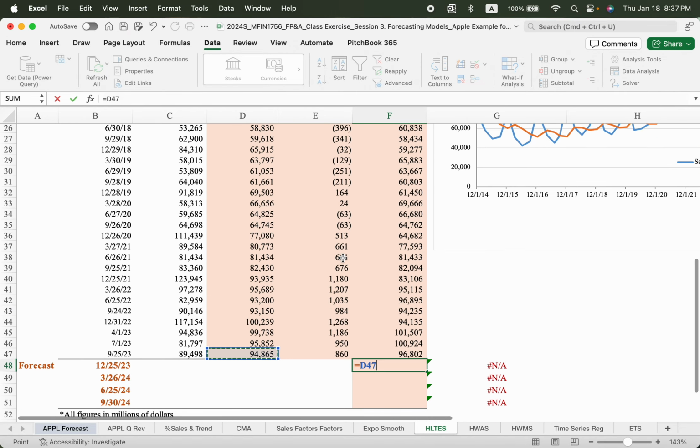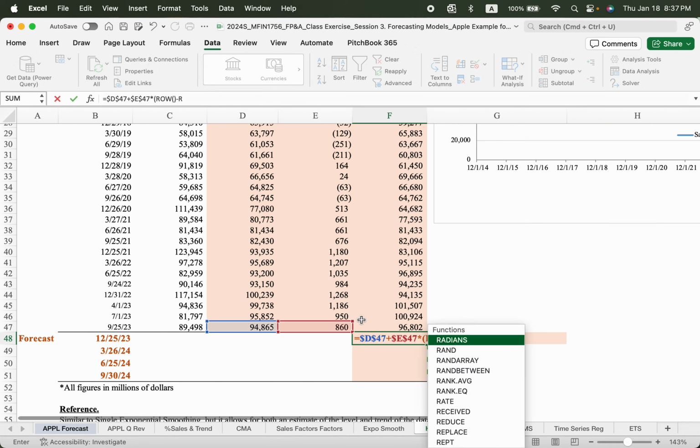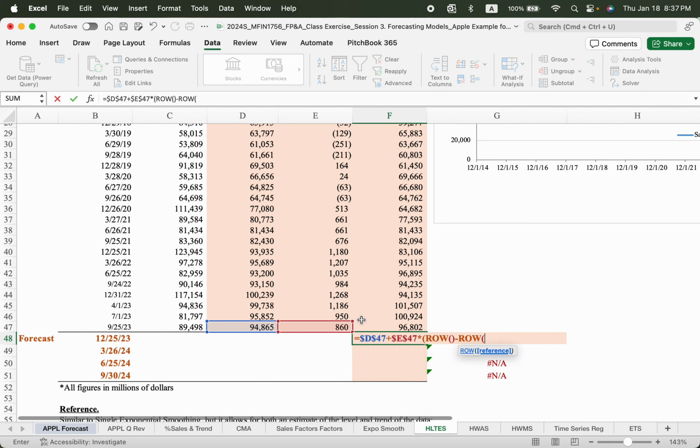Again, we'll repeat this equation here, and here we want to fix this from then on, and then plus the trend smoothing factor, and then times, open the parentheses, we use the ROW function so that when we drag it down, it's automatically generated, and then minus again the ROW function, open the parentheses, and now we put this point, we want to fix this.